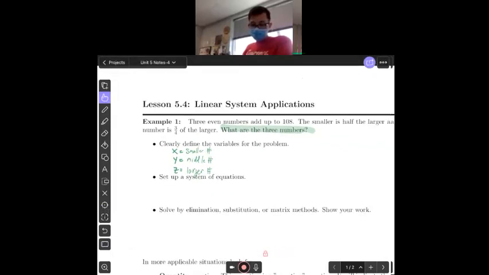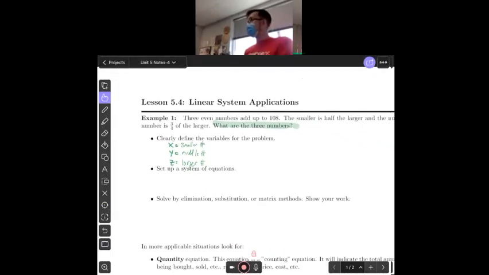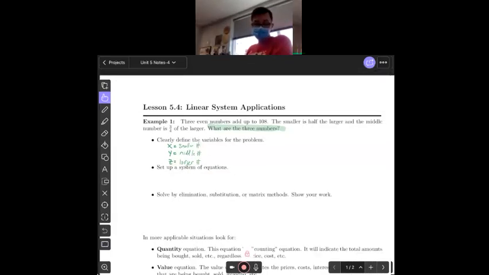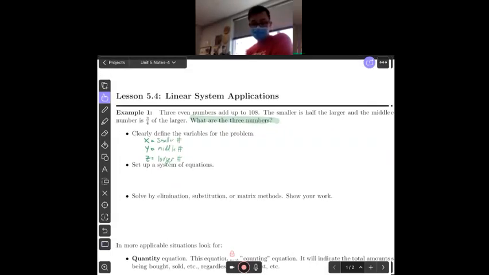And now we need to write some equations. So we have three variables, so that means we need three equations. So what do we got? Okay, where are you getting that from, Claire?